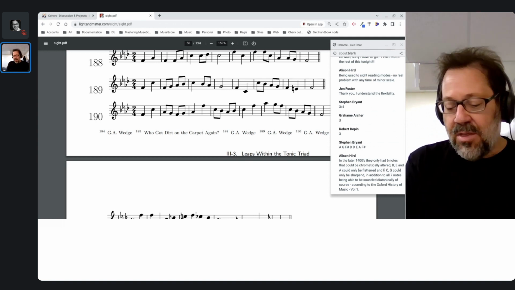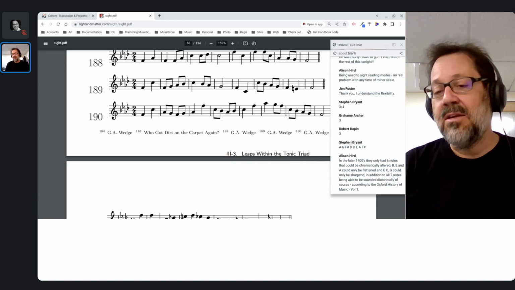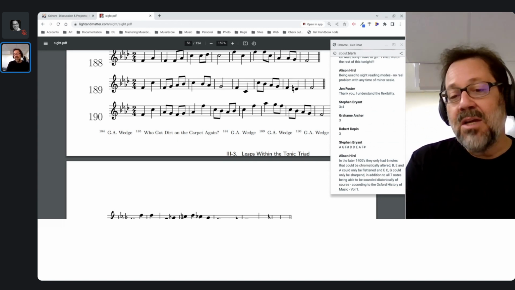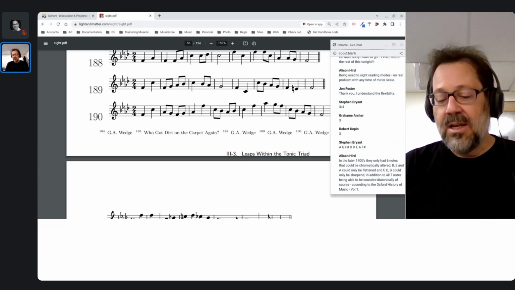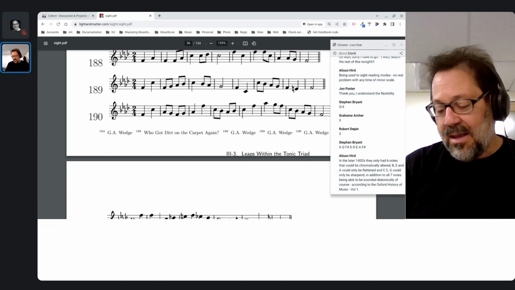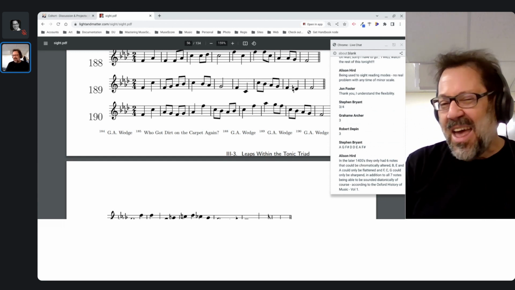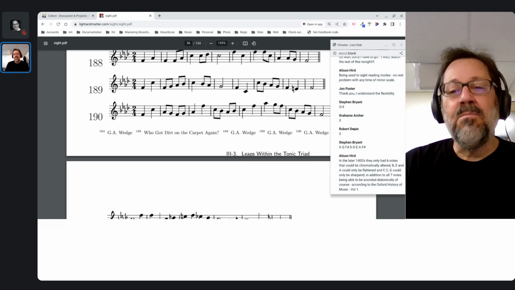Or if you're dealing with Aeolian mode, you're going to need a G sharp to give yourself a leading tone. Or if you're dealing with Mixolydian mode, you're going to need an F sharp to give you a leading tone. Conversely, if you're dealing with things like the Lydian mode, you're going to have this tritone here, so we're going to want to eliminate that with a B flat.